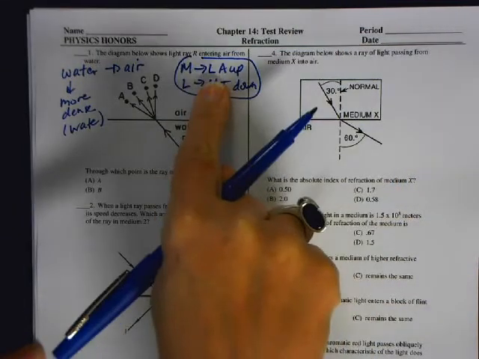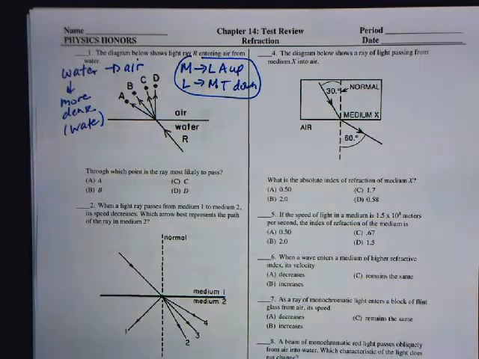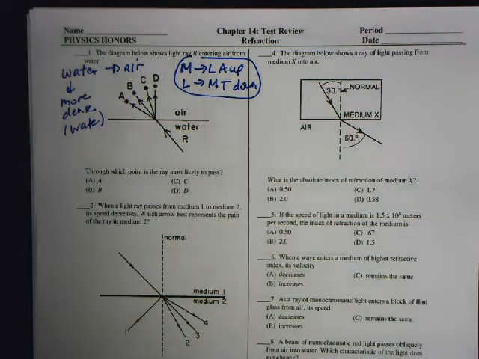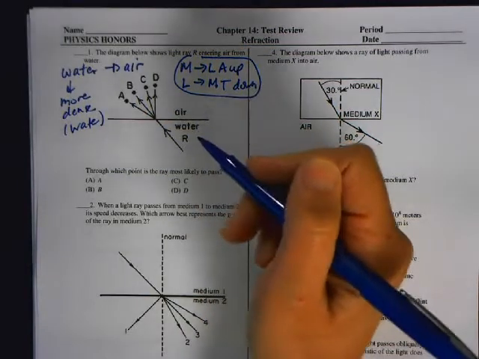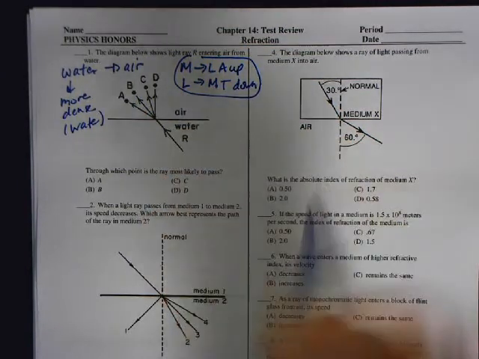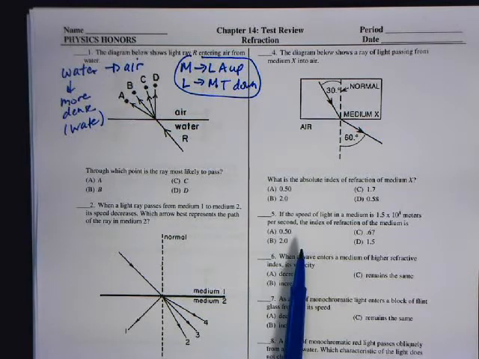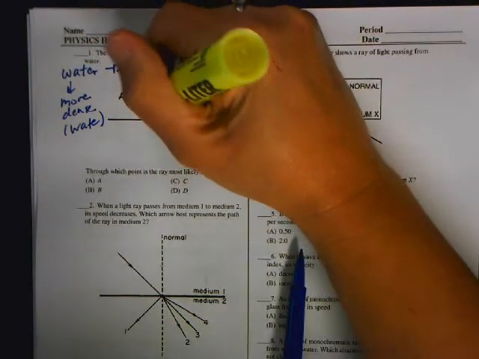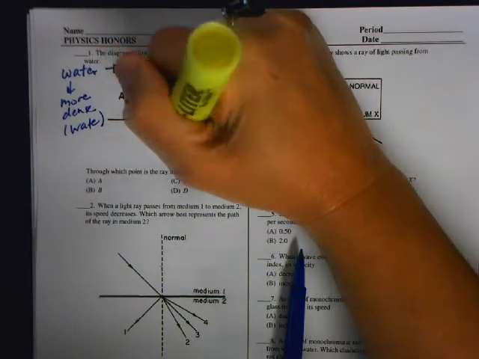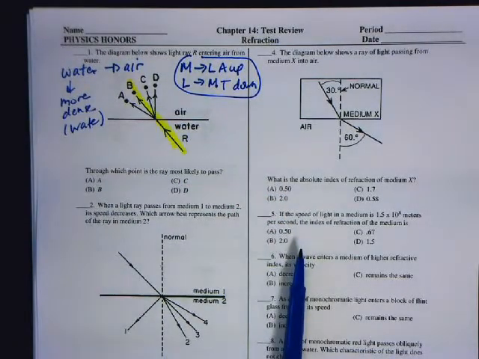So you just have to memorize the MLA up. So in this case, we're going from a more dense to a less dense. So what we're going to do is we're going to bend away from the normal. So let's look at this. First of all, you're going to cross off choice B, because choice B is the light ray going in a straight line.